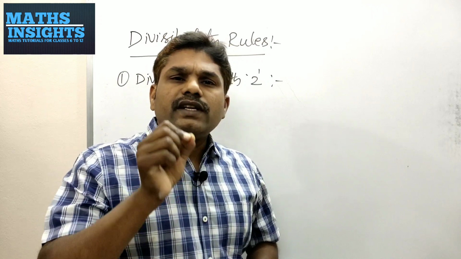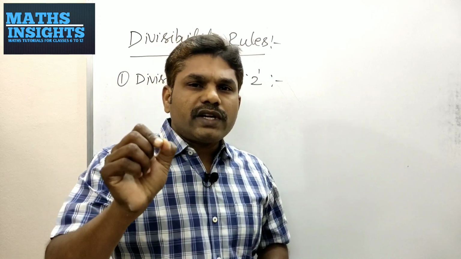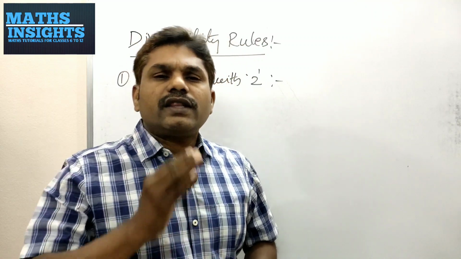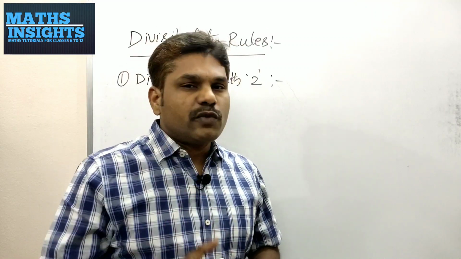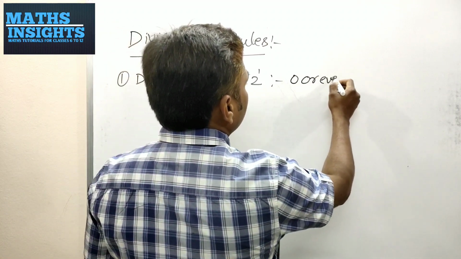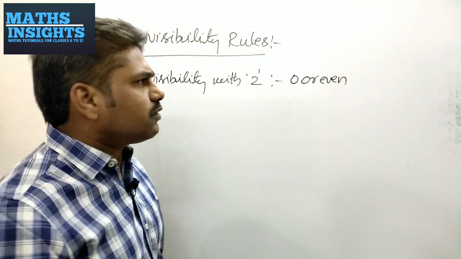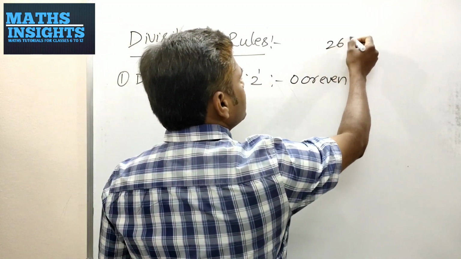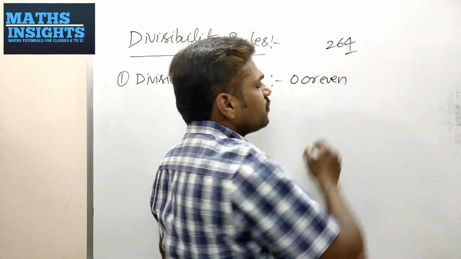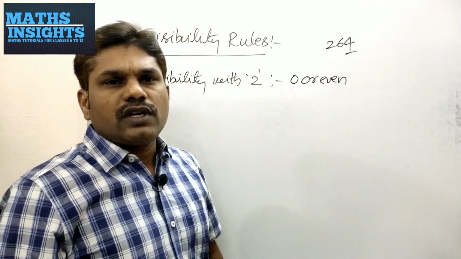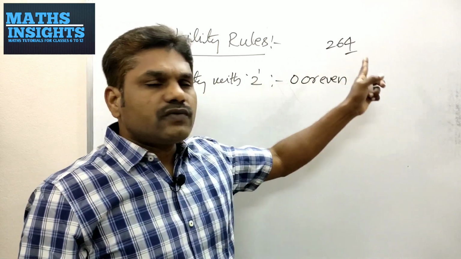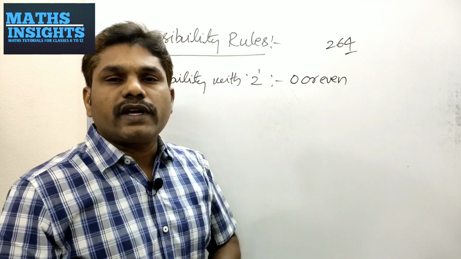If the digit in the units place of that number is either 0 or an even number, then that number is exactly divisible by 2. If you take an example, 264, in this number the digit in the units place is 4, which is an even number. Therefore you will understand that this 264 is exactly divisible by 2.